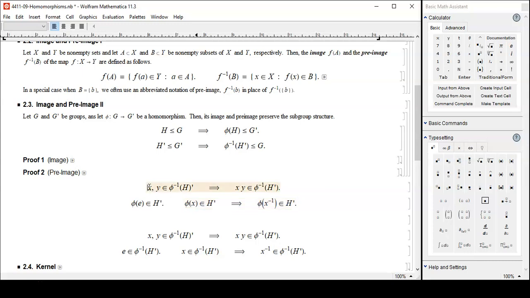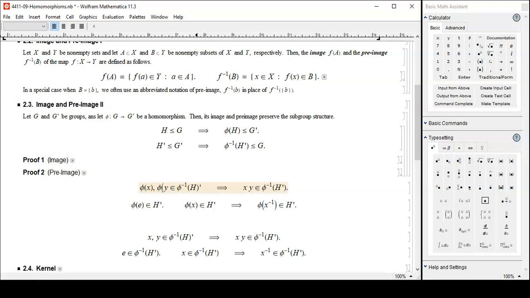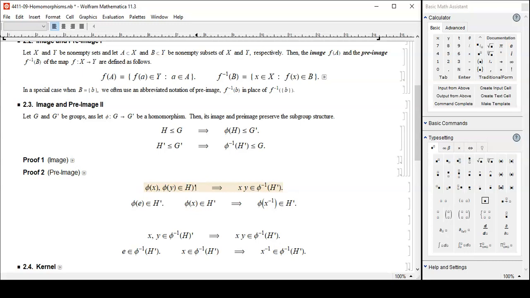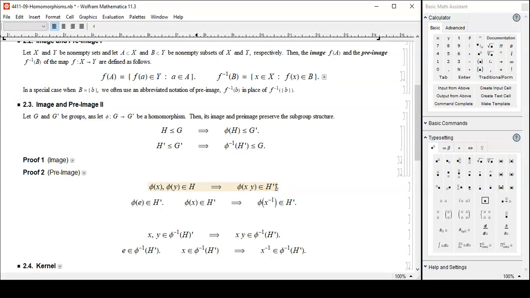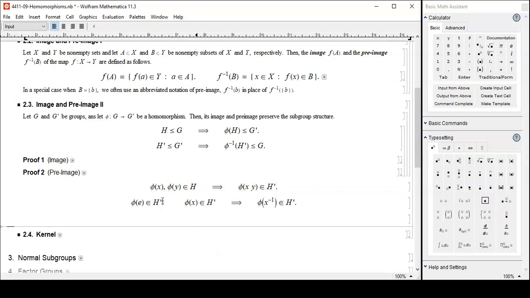This too: if phi of x and also phi of y belong to H prime, then phi of xy belongs to H prime. You can rewrite like this. That observation here is more than halfway through. This is going to be easy, and that's going to be next easy, and that will be a little bit harder, but here we go. Ready?